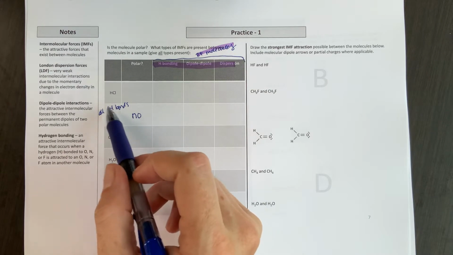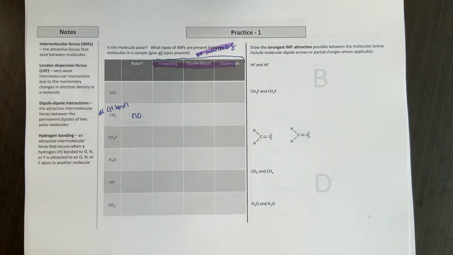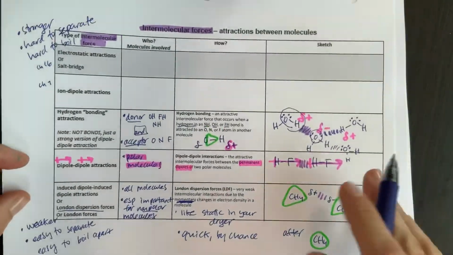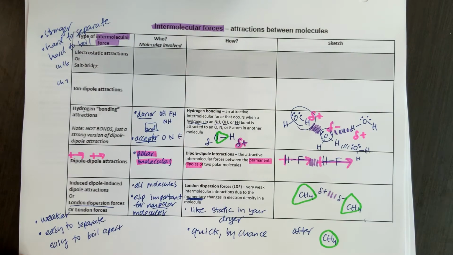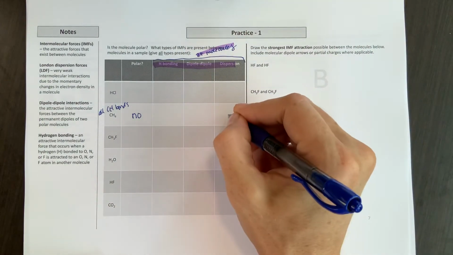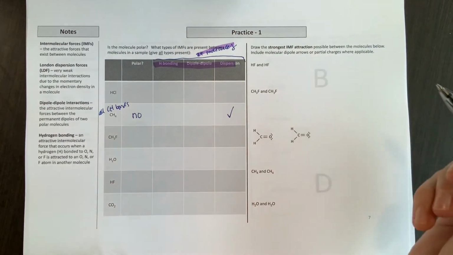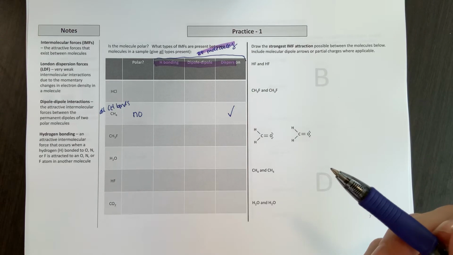So anything with C's and H's, if that's all it has, it's always nonpolar. Now, if you can think back to this sheet, there was one type of interaction that we saw for nonpolar molecules, and that was down here, these London dispersion forces, right? So that means that the only type of attraction I can have between 2 CH4 molecules is London dispersion forces.